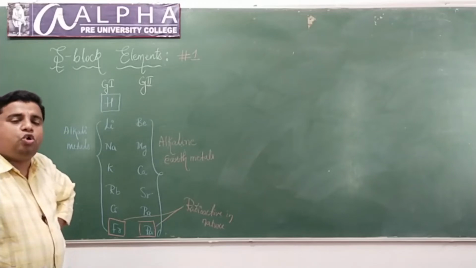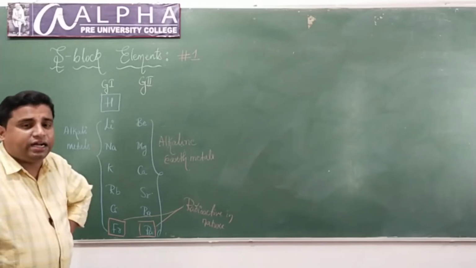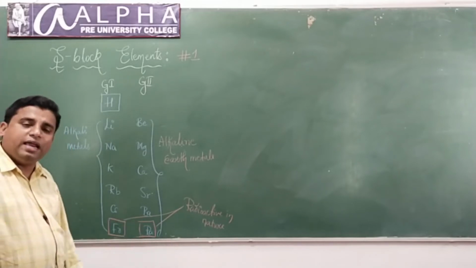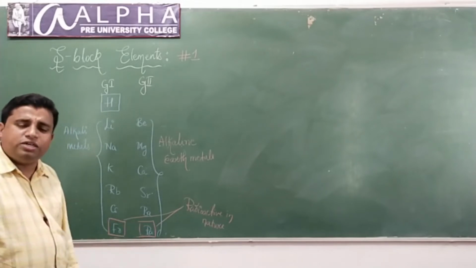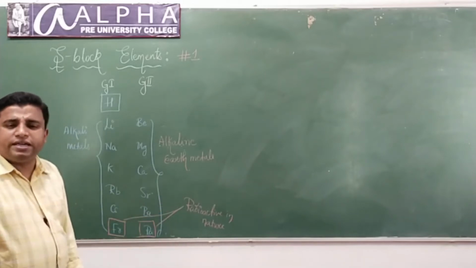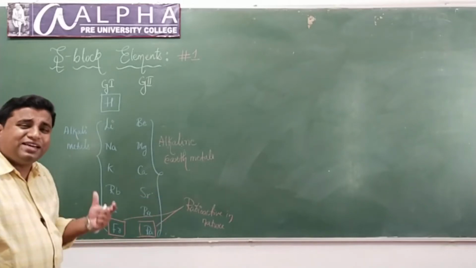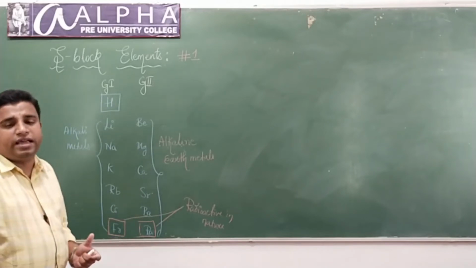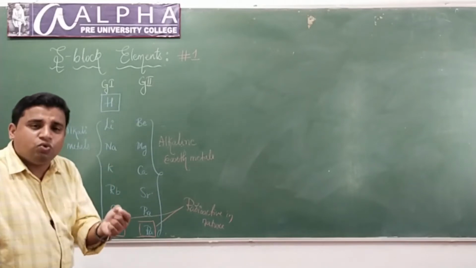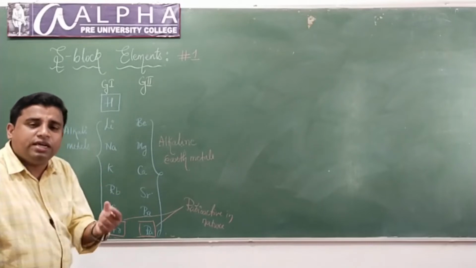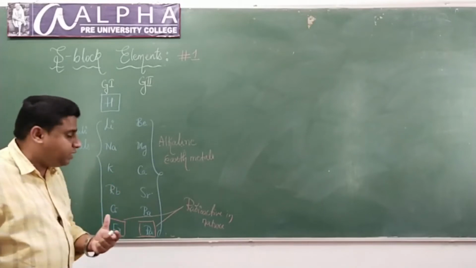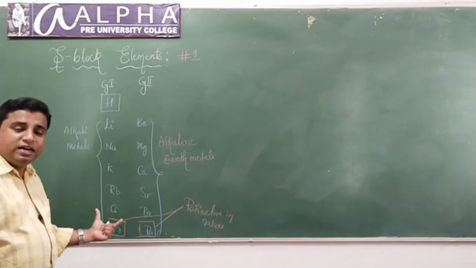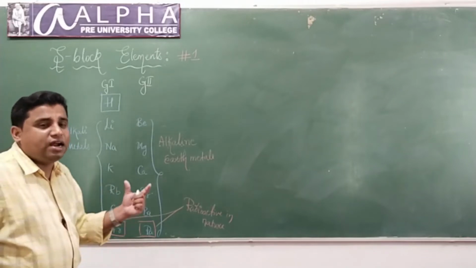Therefore, we don't study any reactions or properties related to these radioactive elements, because very little information is available in the literature about them. So we will not consider these radioactive elements in our discussion.